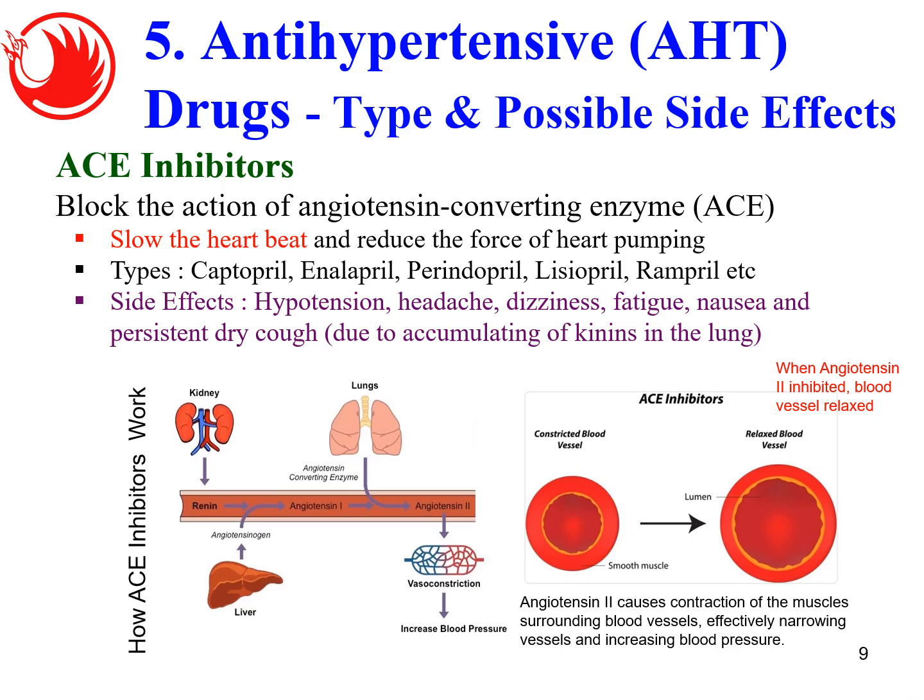Okay. However, there are downside effects of this medicine: headache, dizziness, fatigue, nausea, and a persistent dry cough. This persistent dry cough side effect is due to accumulation of kinins in the lung.